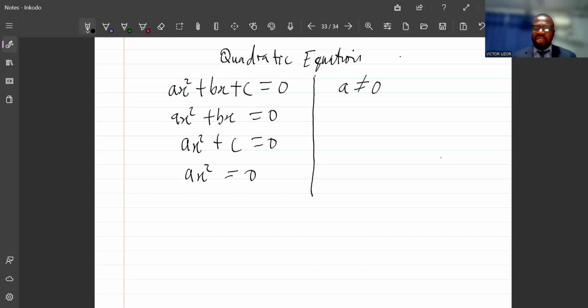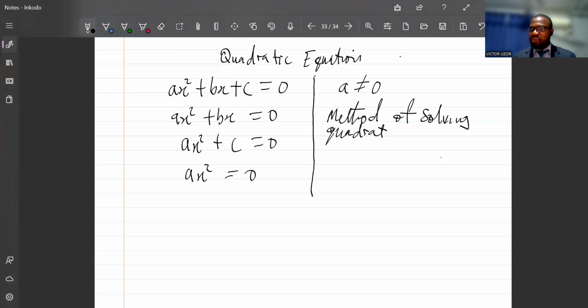Actually, there are 5 methods of solving a quadratic equation. The first one is the formula method, where you use the formula to solve it.